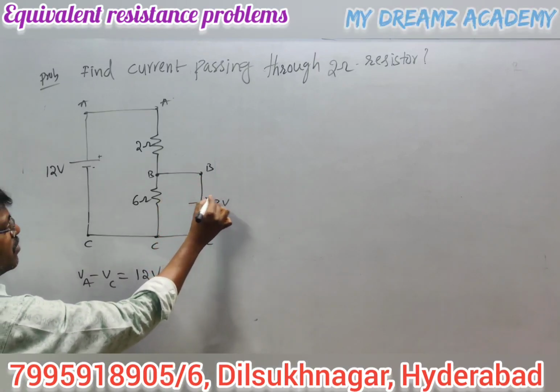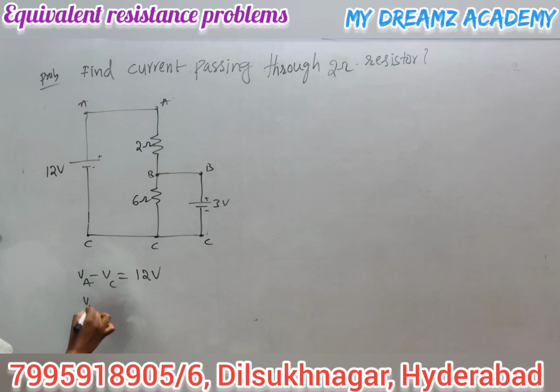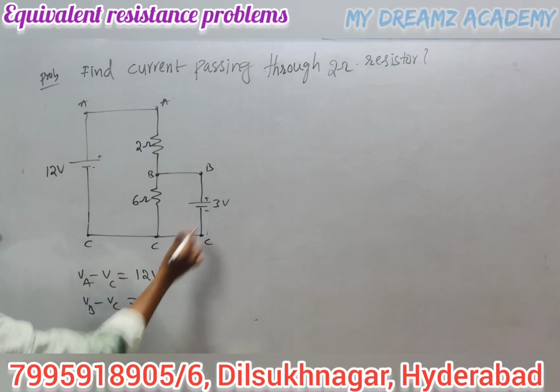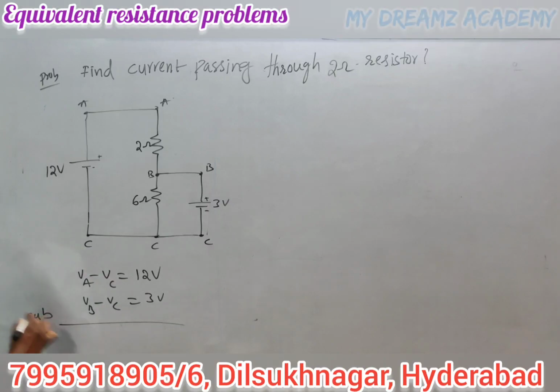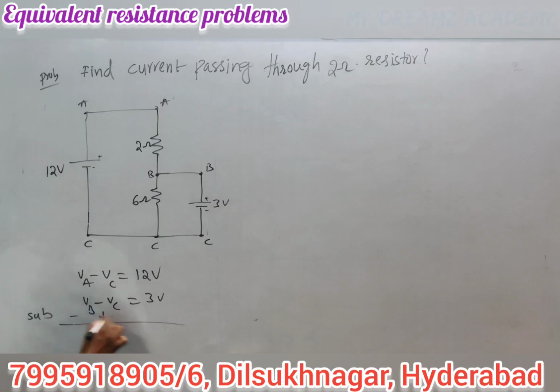B is positive and C is negative, so VB minus VC equals 3 volts.